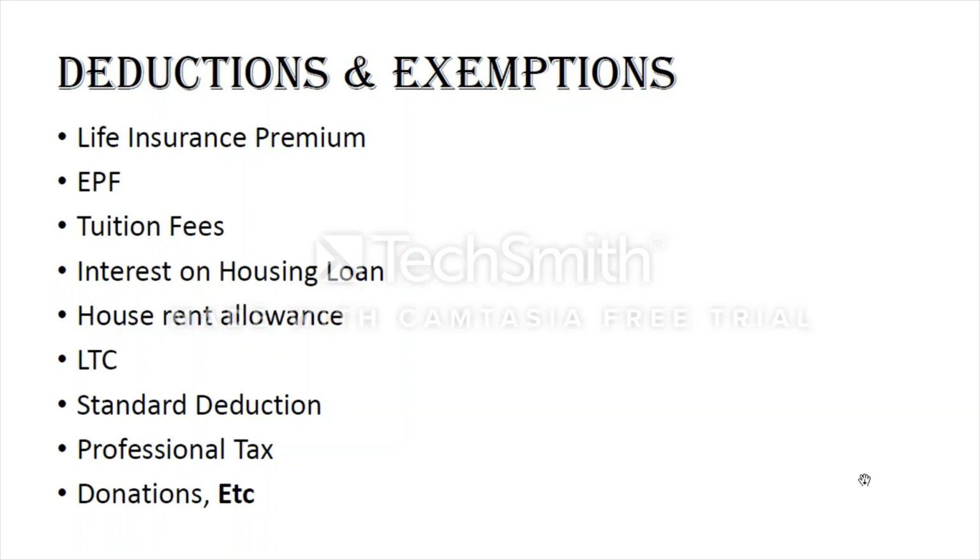We used to get a deduction for donations and mediclaim insurance, and so many other deductions. Now, if you adopt the new scheme, all these deductions will not be applicable. That is the major point in the new taxation scheme.